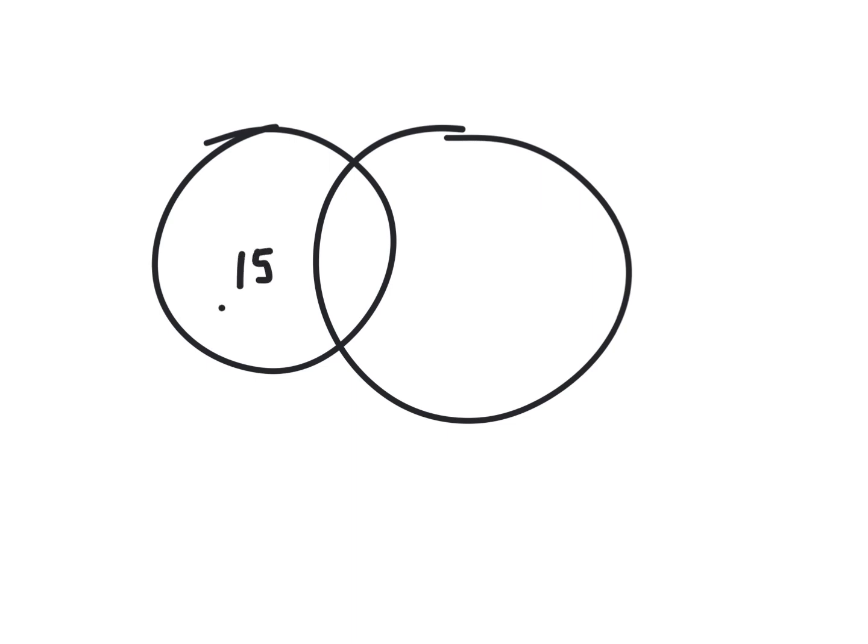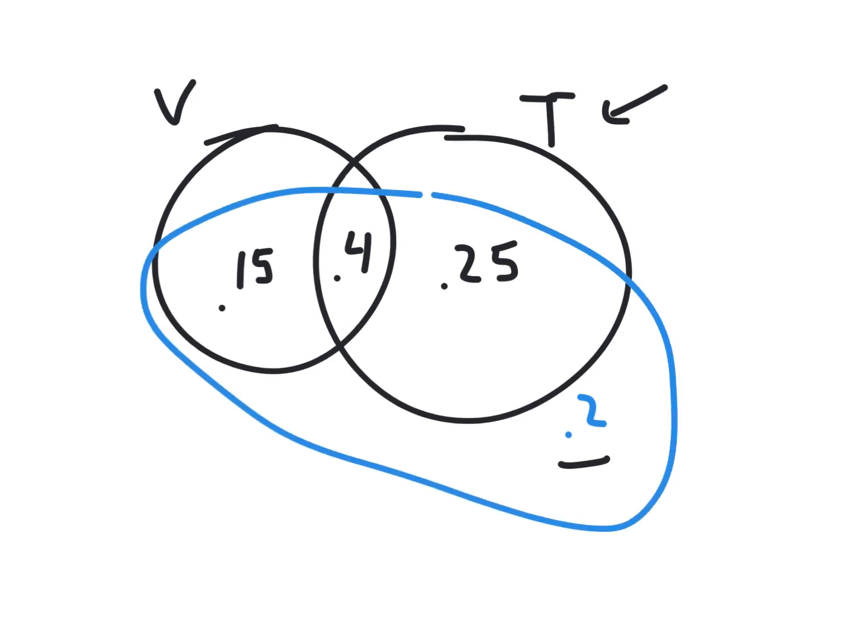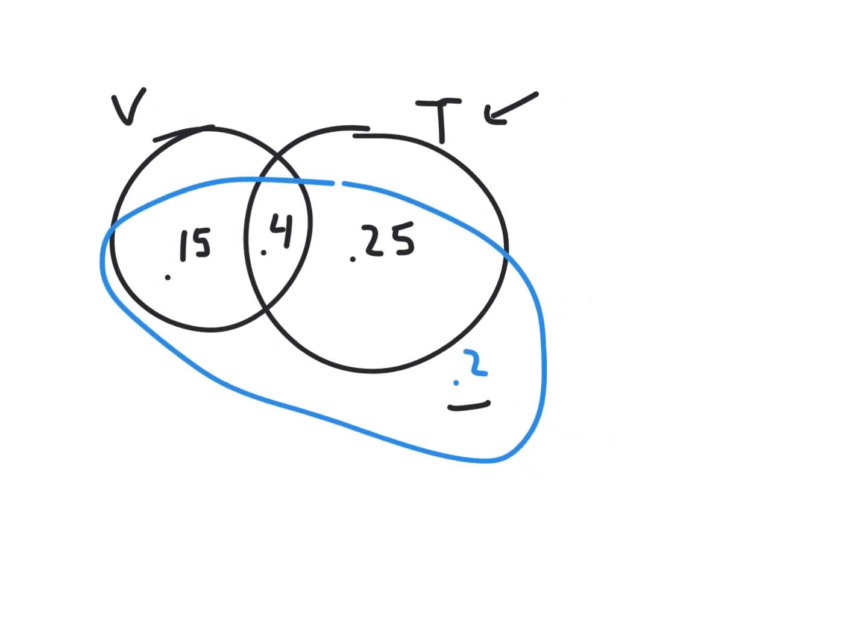Yeah. And what's the other thing? 0.4 is the middle. And 0.25. And what's above this? It's Vikings versus Twins. Does it give the end number? Yeah, 0.2. If it didn't, you'd still be able to figure it out because these have to add up to 100%. All right, so just a quick reminder of what kind of things we could ask you about here.